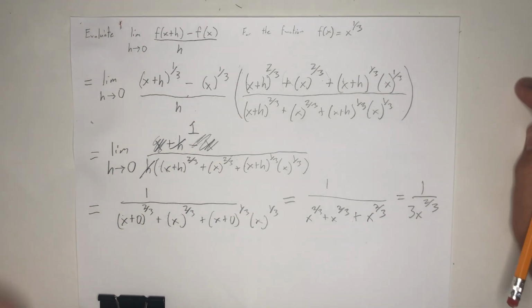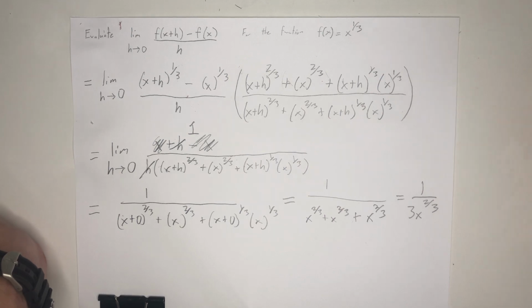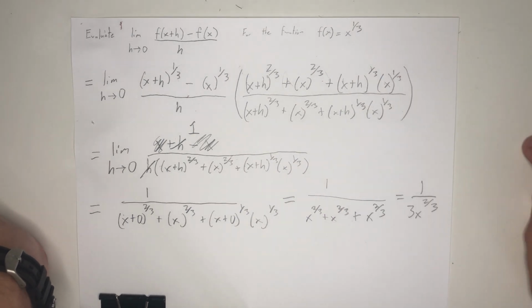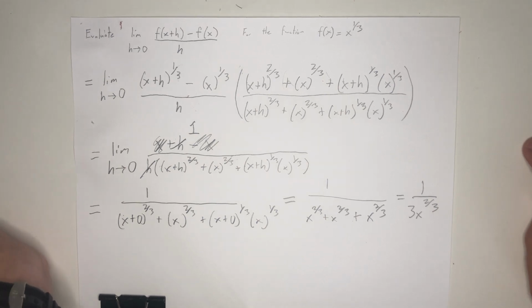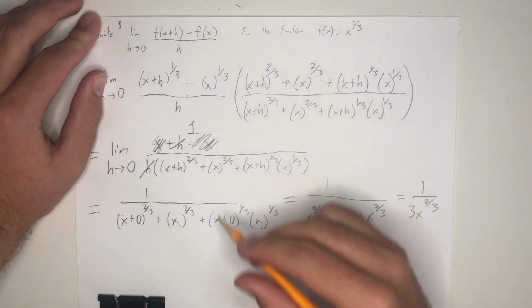Now, what we want to do is check our work, because this is like the long way to the problem. Of course, we also have the power rule, which just lets us do this.